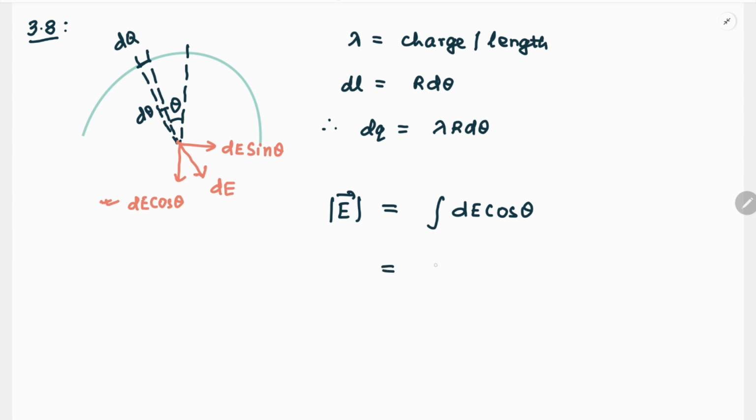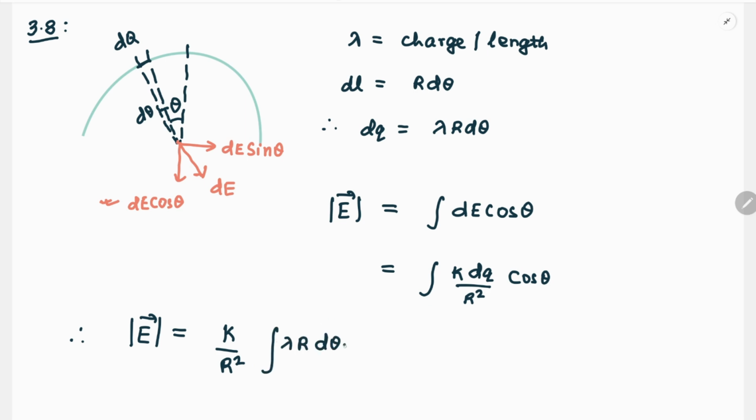So over here we write dE as k dq by r square cos theta, and therefore the magnitude of the electric field strength is equal to k by r square integration of dq, which can be written as lambda r d theta cos theta, and the limit is from minus pi by 2 to plus pi by 2.